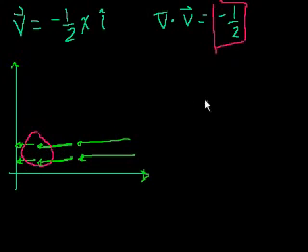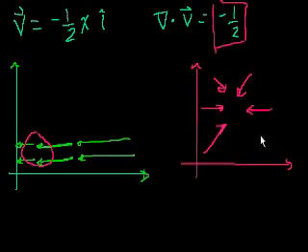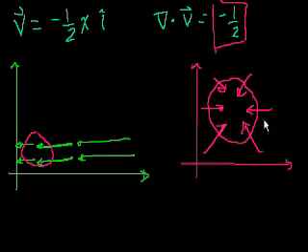But the classic example of a divergence is a field that looks something like this. Maybe that's the x, that's the y. If you have a field that looks something like this, this is the classical example of a negative divergence, right? Where from every direction you have particles entering, nothing's leaving. So obviously, in any given amount of time, that point is getting more and more dense.